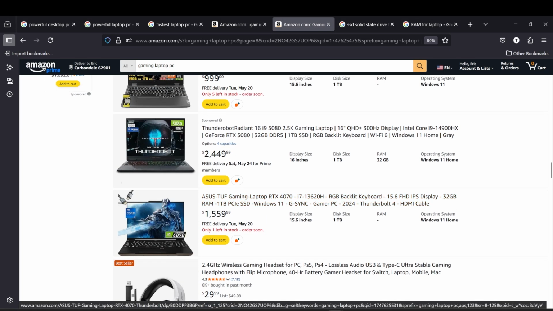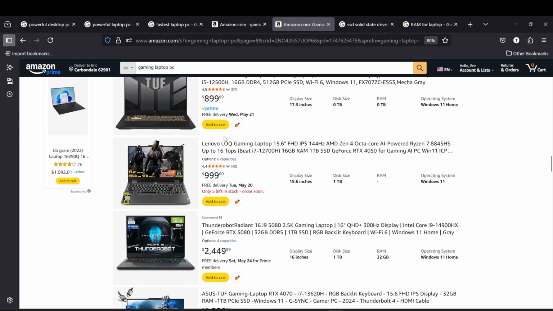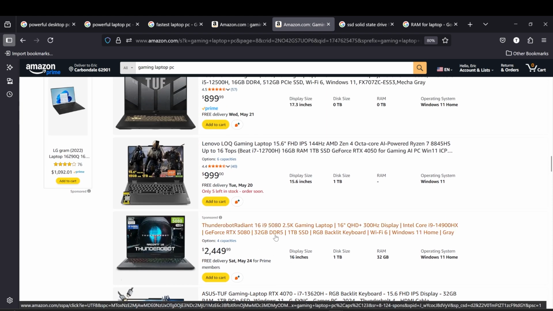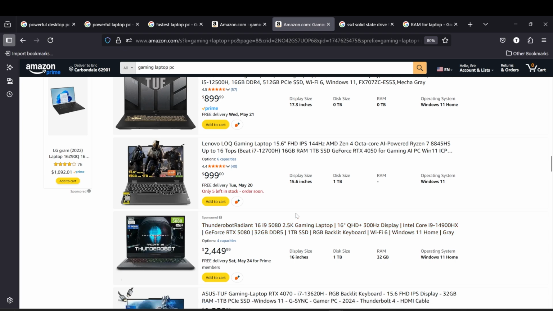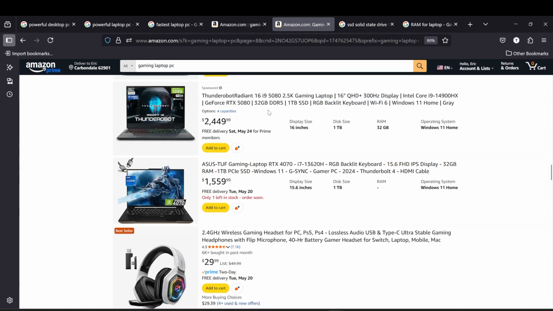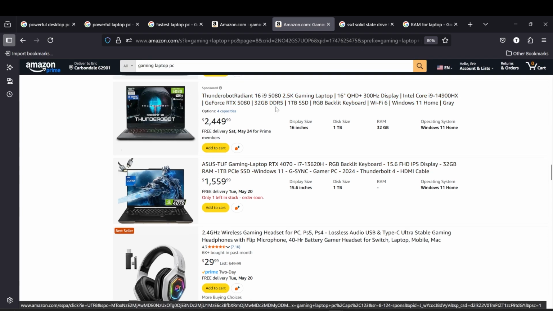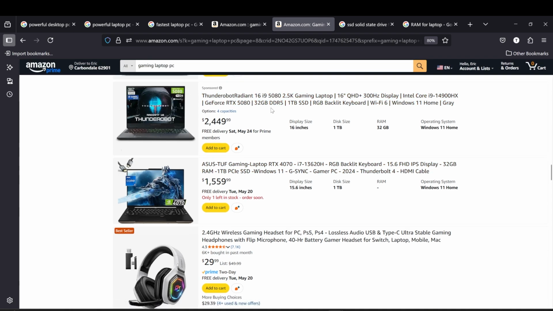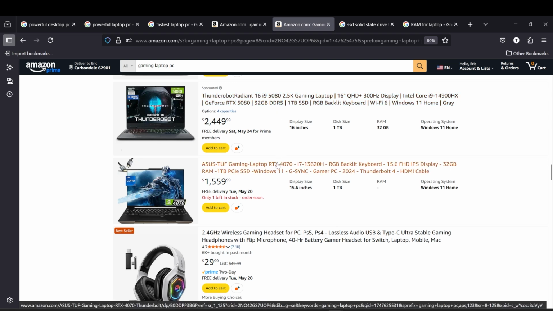If you are looking at some of the specs, for example, you can see DDR5 in here, or you can see it called RAM. DDR5 is the version of the data transfer.